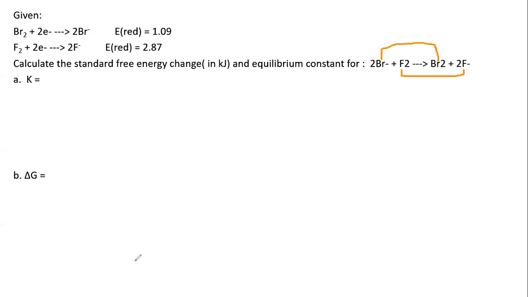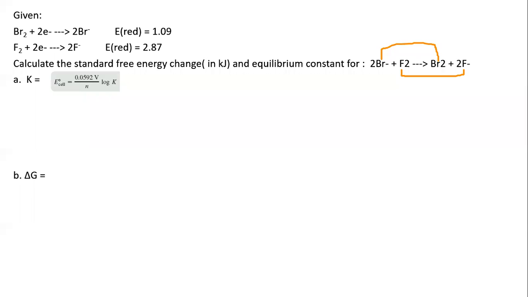So when we're given E of cell, or we want to calculate the K for an electrochemical cell, we use E of cell equals 0.0592 divided by n times the log of K. Now the reason we can use this shorthand version of E of cell and K is because we're doing this at room temperature.